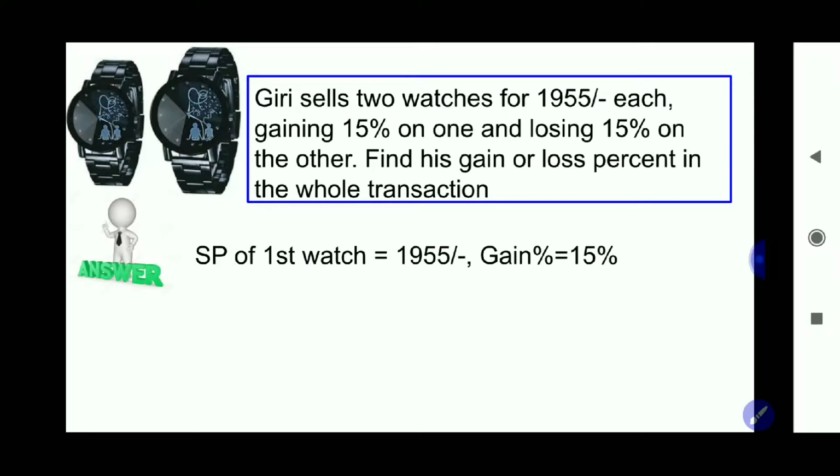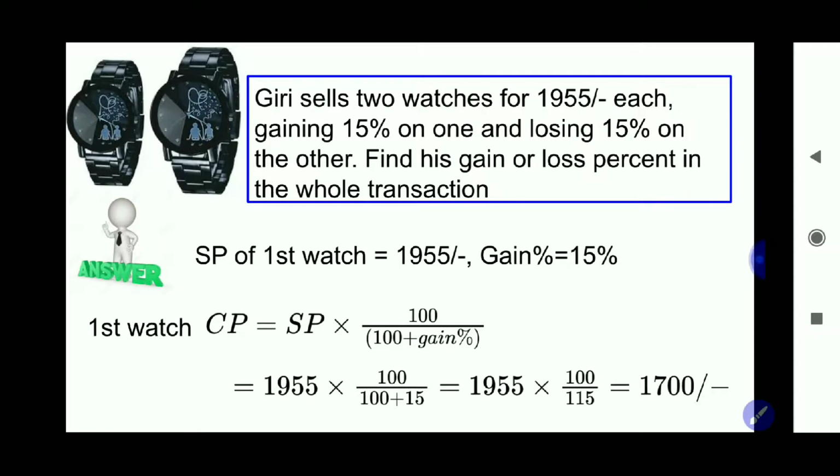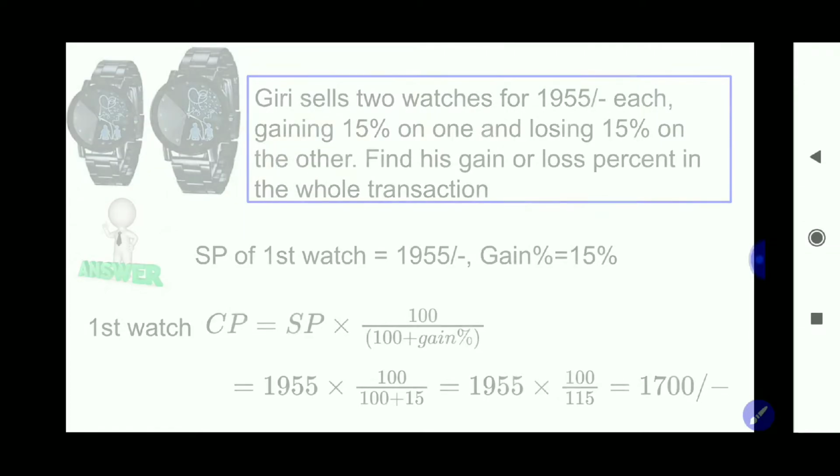Selling price of the first watch is 1955. Gain percentage is 15%. Hence, cost price of first watch is selling price into 100 by 100 plus gain percentage. That is 1955 into 100 by 100 plus 15. It is nothing but 1700.